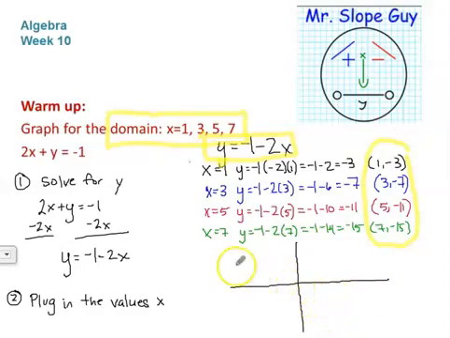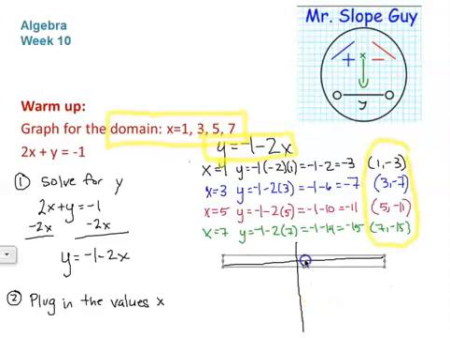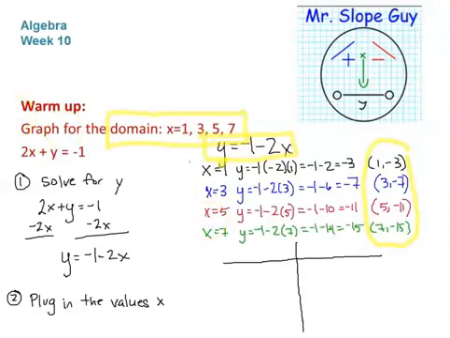And actually, I'm going to move this because we've got a lot of negative numbers. So I'm going to move my horizontal axis up because we've got a whole lot of negative numbers. And let's put in a scale. So we've got 1, 2, 3, 4, 5, 6, 7, 8, 9, 10. 1, 2, 3, 4.